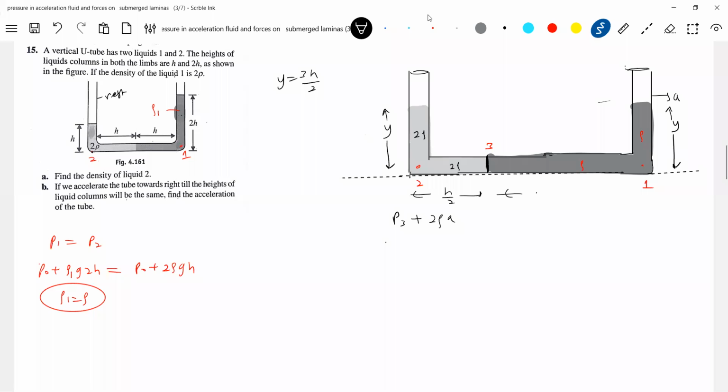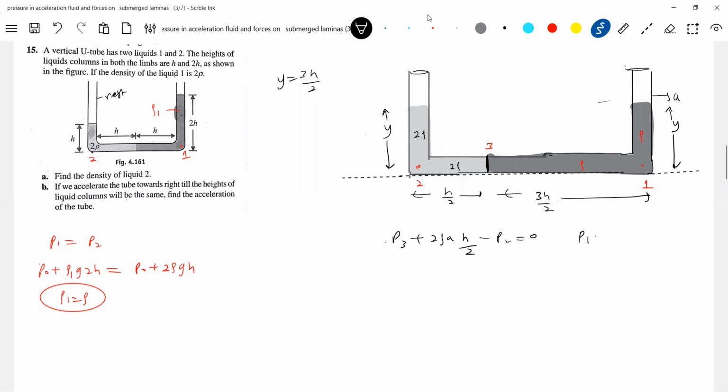And what is this length? 3h by 2, as y equal to 3h by 2 is there. Now write P3 plus 2 rho A h by 2 minus P2 equal to 0.